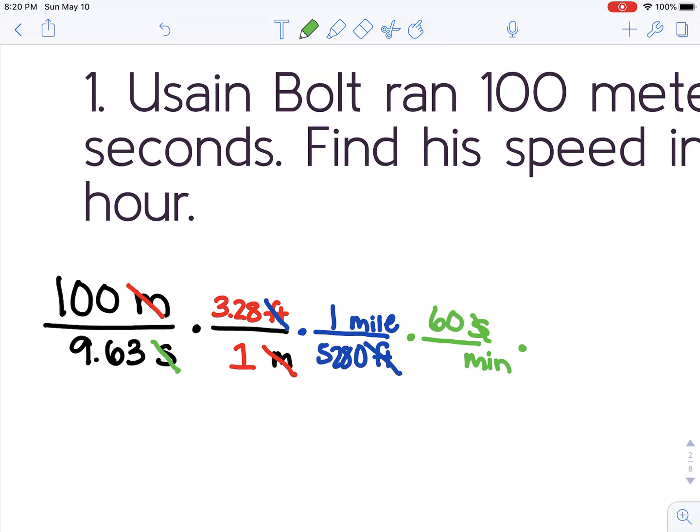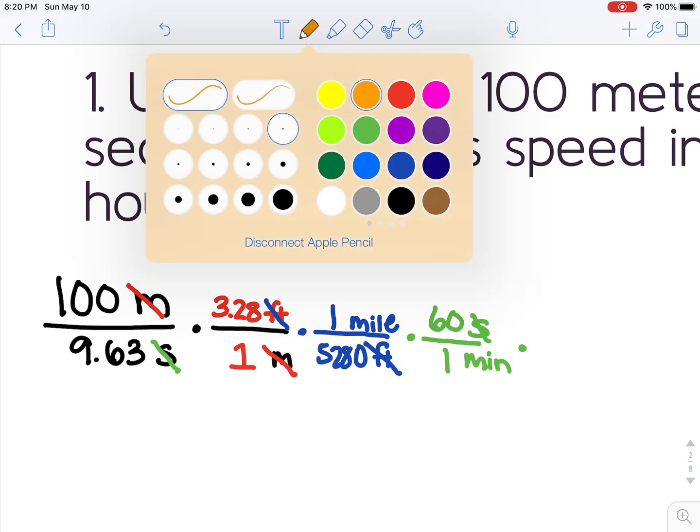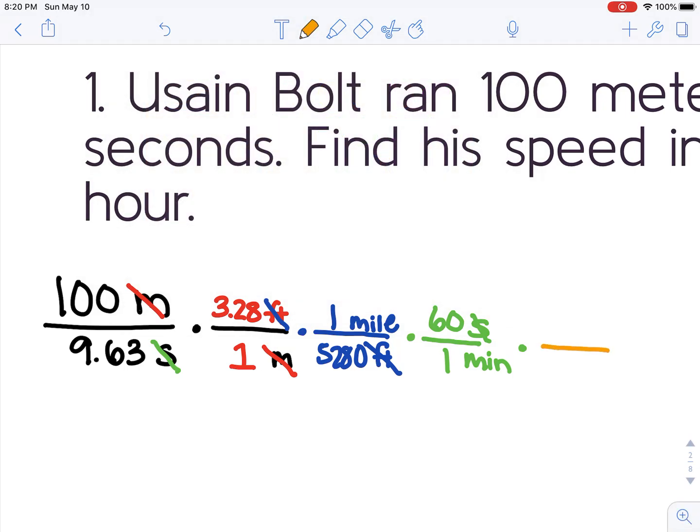So I know that there are 60 seconds in 1 minute. And I know there are 60 minutes in 1 hour. And now the only units I have that have not been canceled out by having 1 in my numerator and 1 in my denominator is miles per hour.